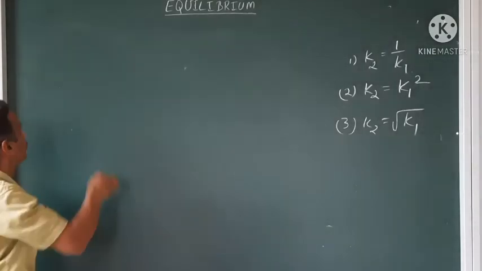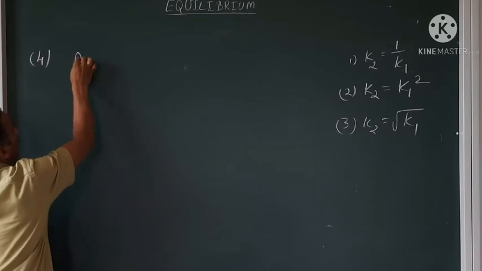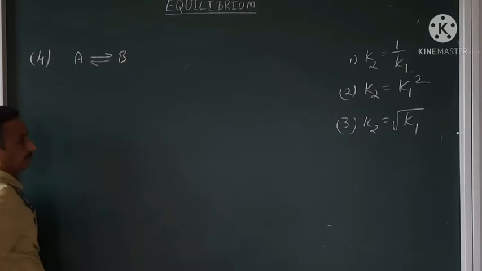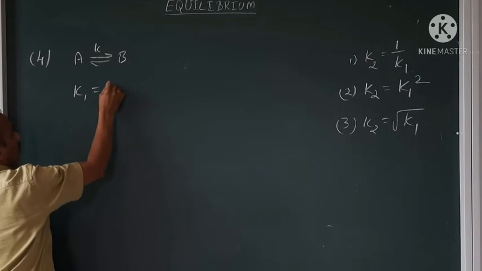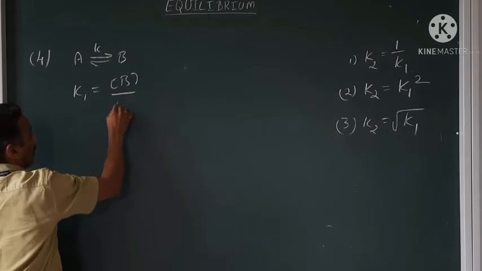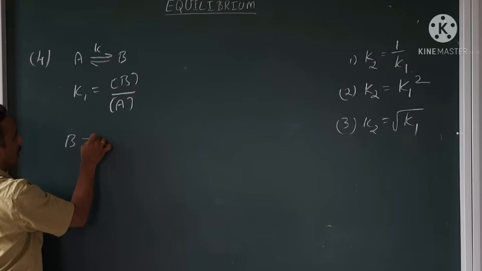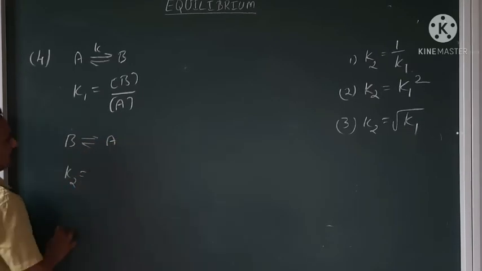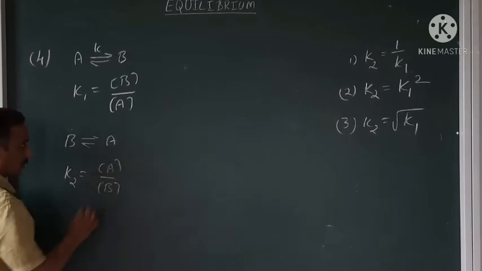Now next one, A giving B. Equilibrium constant K1 is equal to B by A. Now what I do is B giving A. So K2 is equal to A by B. It's already mentioned that the first one only.